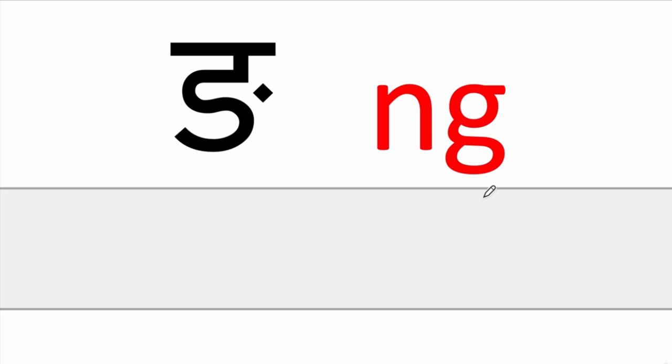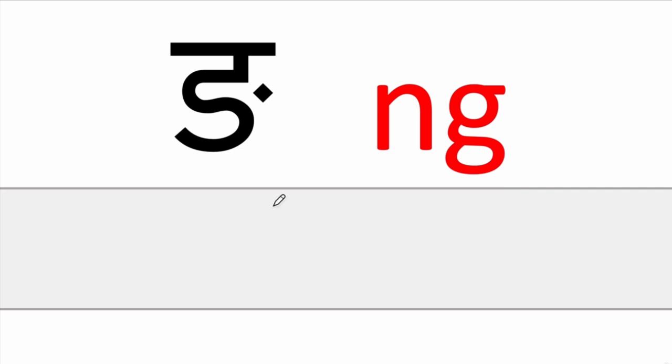Let's move on to the fifth consonant, nga. This sound might be a little difficult for most of you because it is pronounced from your nose. So it's a nasal sound. Nga.